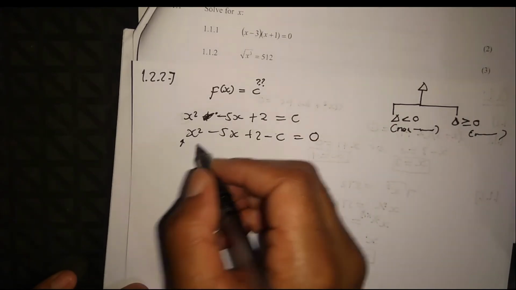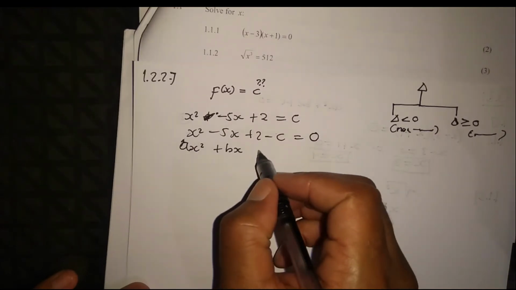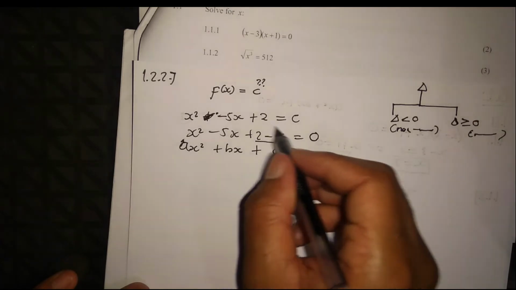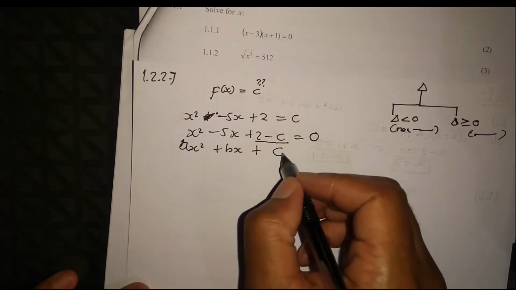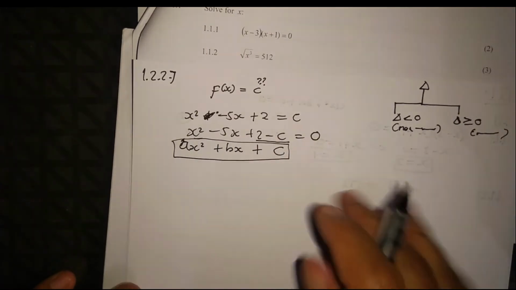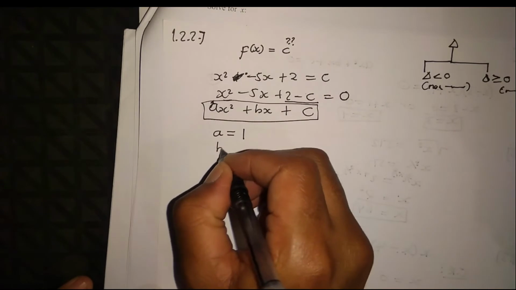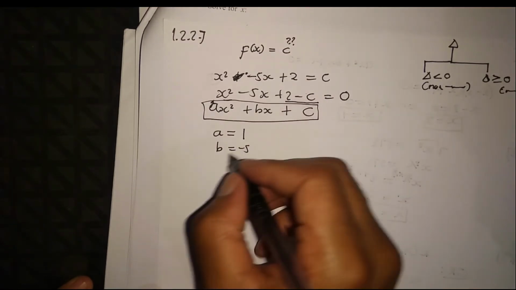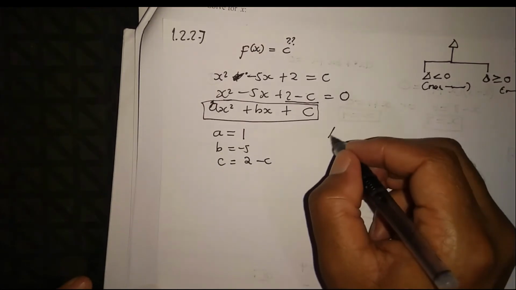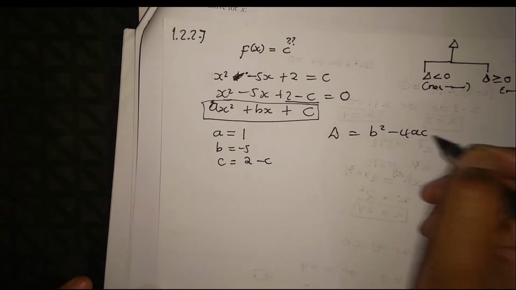Now in standard form, ax squared plus bx plus c, this 2 minus c represents the c value in standard form. So a is equal to 1, b is equal to minus 5, c is equal to 2 minus c, and the discriminant is b squared minus 4ac.